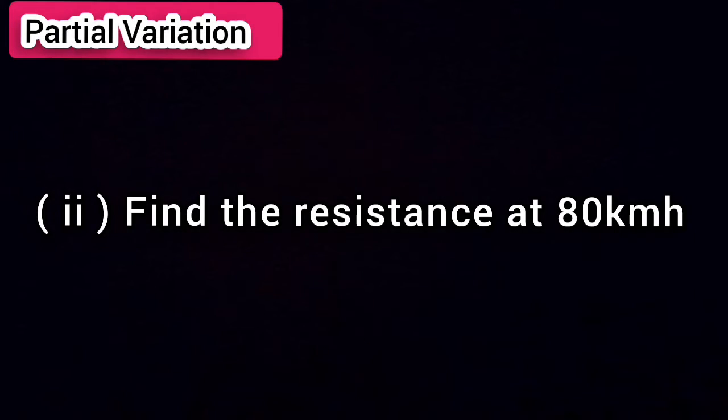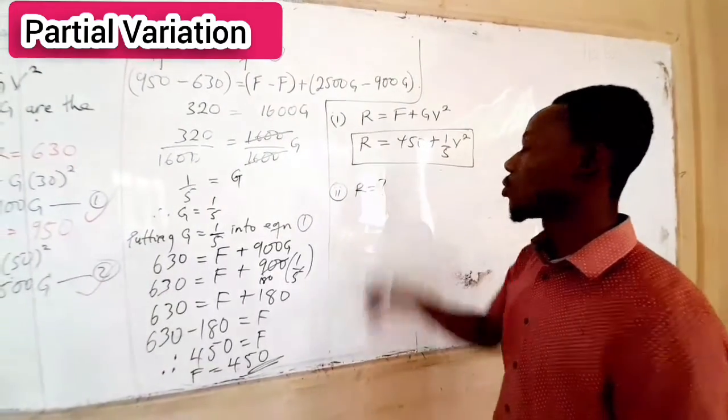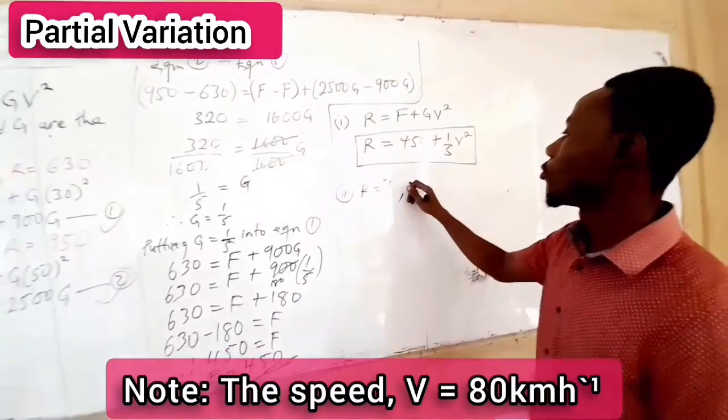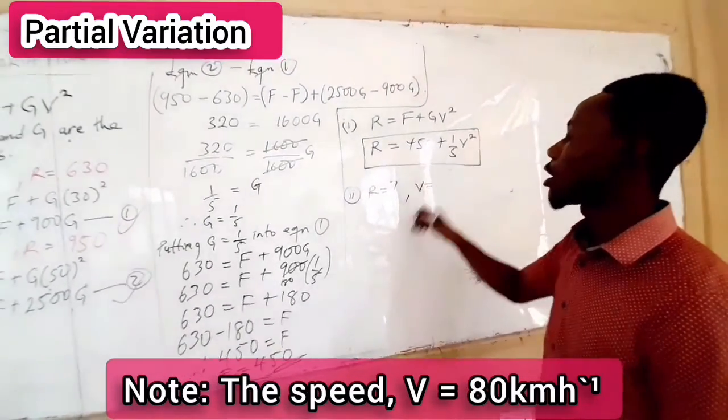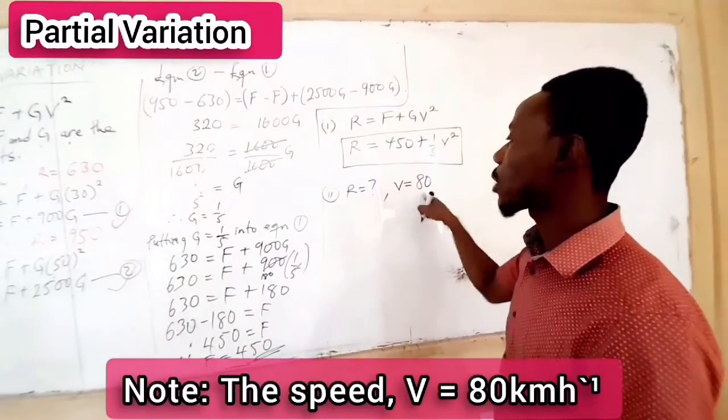In this part, we should find the resistance at 80 kilometers per hour. We should find the resistance at 80 kilometers per hour. Now, for the resistance, we don't know. For the V, it is given in the question, which is 80 kilometers per hour.